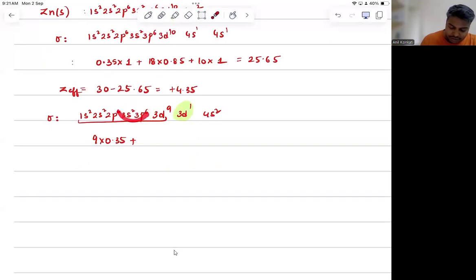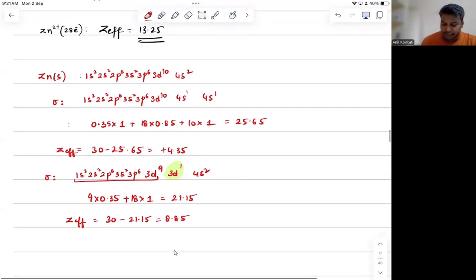So this is 12, 14, 16, 18. So 18 electrons into 1. So 9 cross 0.35 plus 18 electrons, which is 21.15. So Z effective is equal to 30 minus 21.15, coming out to be 8.85. You see the experimental value? Yes, it's matching. That is correct.